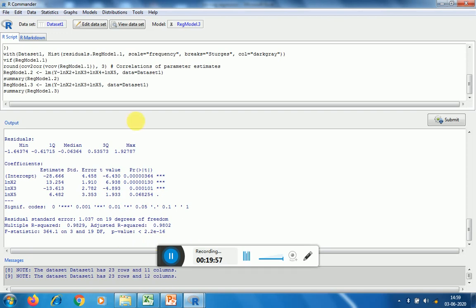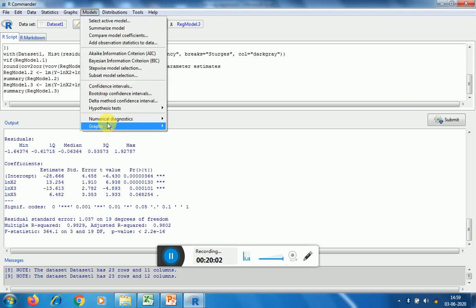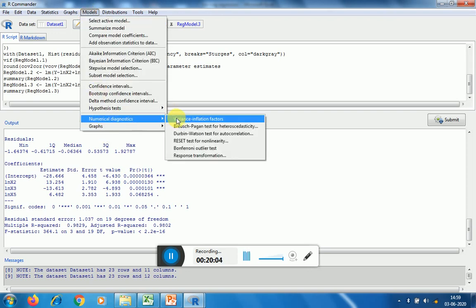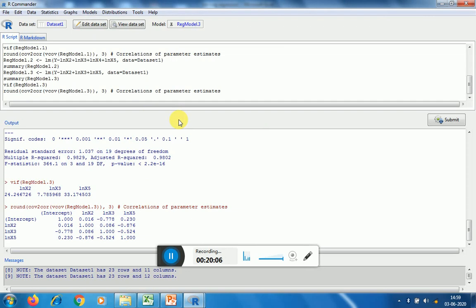For this, we can again check the variance inflation factors. Here again I see the variance inflation factor is very high in the case of two variables, ln x2 and ln x5, and in the case of ln x5 it is 33.17. That means this is again creating a problem.